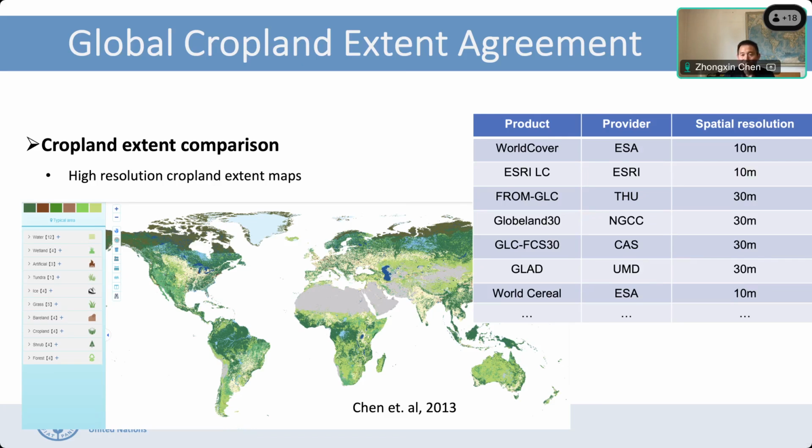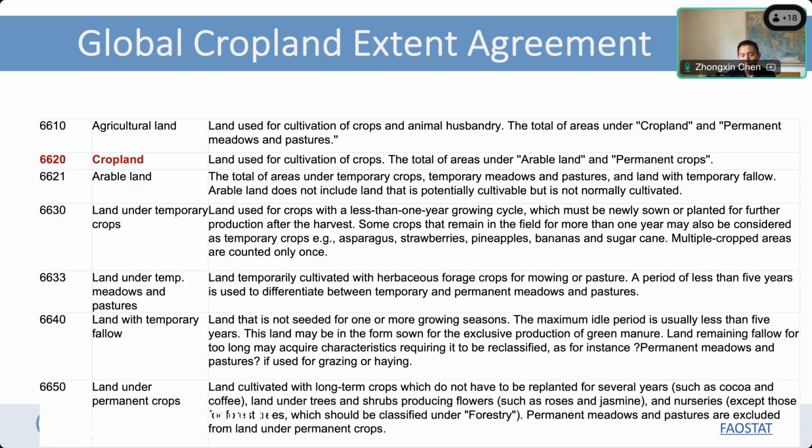But we found cropland seems a very simple part, but it is not that easy. Different authors, different producers of global land cover, use different definitions. And none of them agrees with the FAO definition.